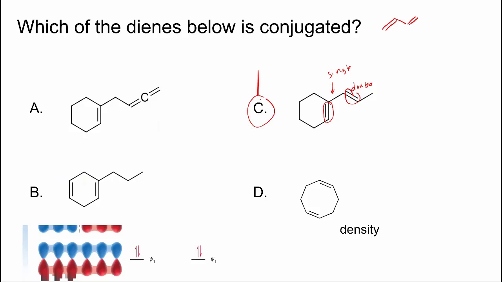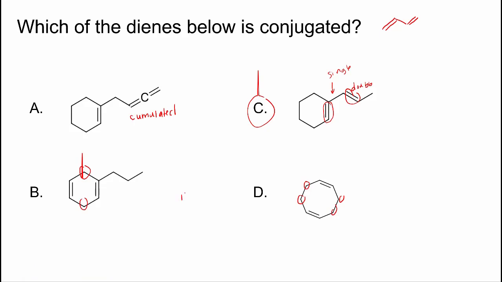So this one is the conjugated one. If you have two double bonds right immediately next to each other, this is cumulated. And if you have sp3s in between, these are isolated. Questions there?